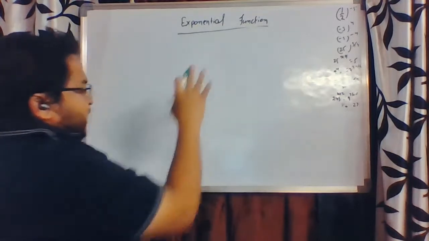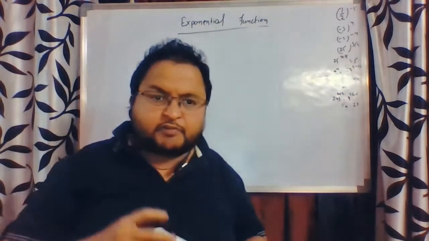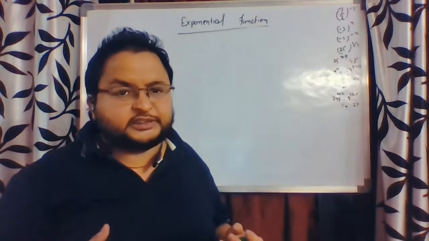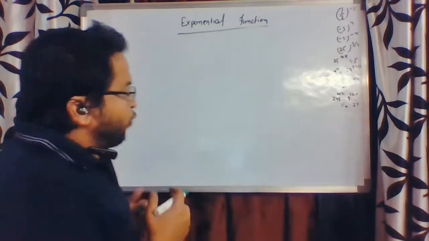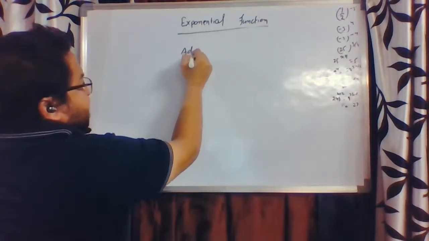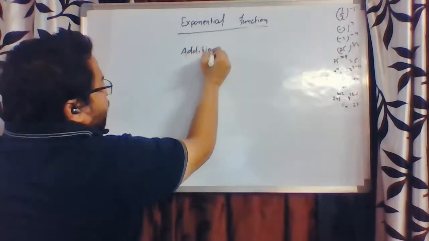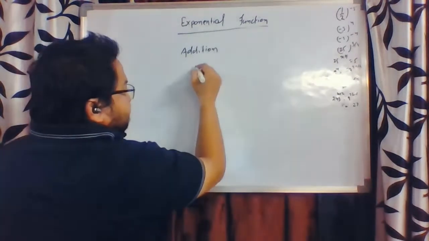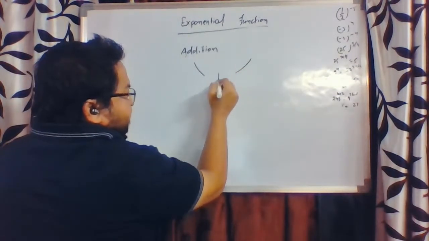So in mathematics, whenever we talk about a function, one of the basic mathematical functions that we studied as students was addition, right? And what does the addition function do? We know that addition takes two operands. This is the operator.